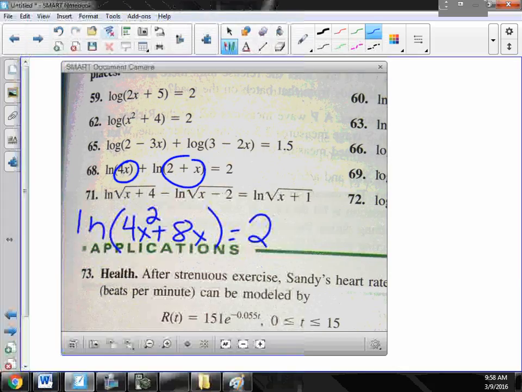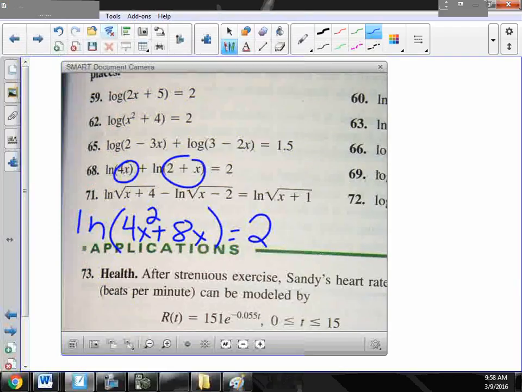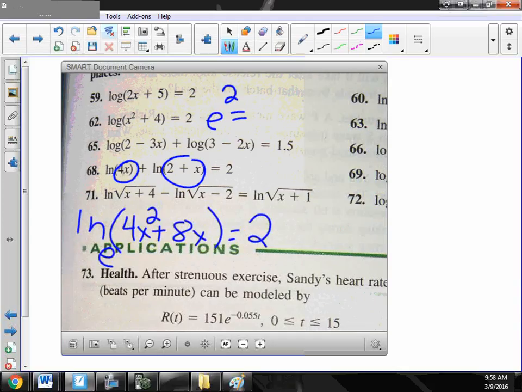E. And you guys finally have a purpose for E, that continually compounding interest. The best definition of E comes in calculus, which some of you will get to later. So in this case, E squared is equal to 4x squared plus 8x.